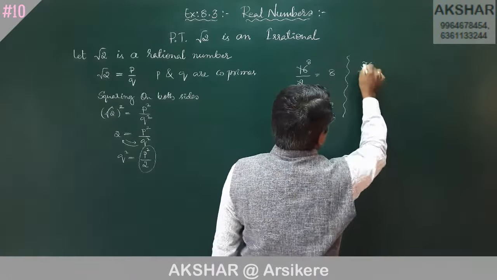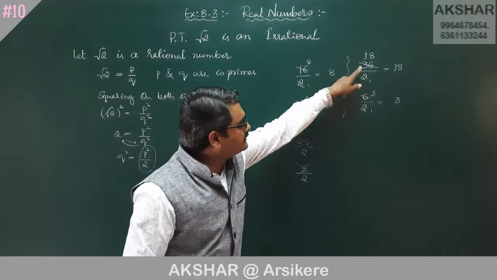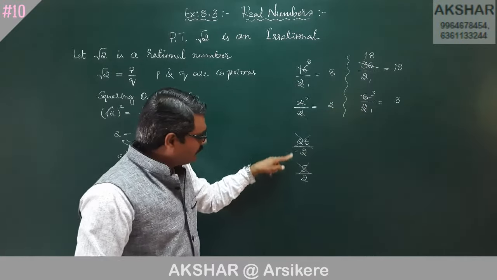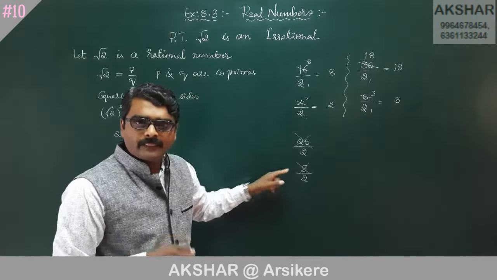In the same way, what they are saying here, if a square number is divisible by 2, then its root is also divisible by 2, right? Clear? Observe 16 and 4, 36 and 6 are divisible, while 25 and 5 are not, right?